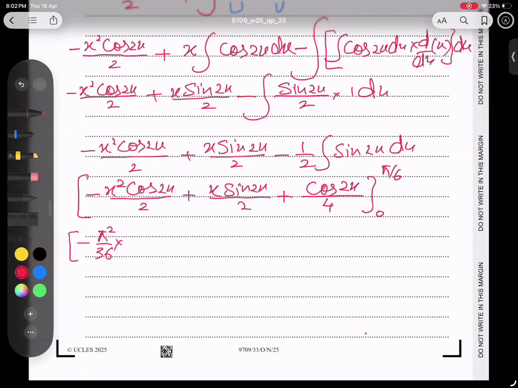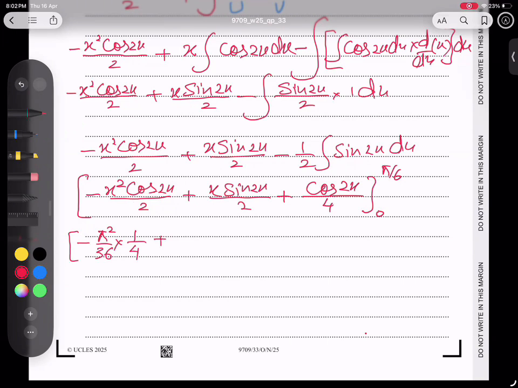And when I plug in pi by 6 here, do it very carefully: convert your calculator to radian mode, make sure it's in radian mode, and type carefully. What is the cos? 2 times 2 pi by 6 becomes pi by 3, cos of that gives half. Let me check. This has become 3, the 60, so yes, half. So half coming from here, but 2 is also available, so I get 1 over 4. Repeat my words: half from here, 2, so two 2s are 4.